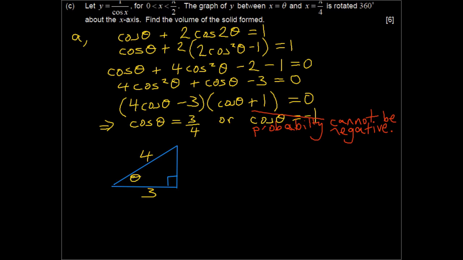Now because this is a right angle triangle, this side would be 4 squared take away 3 squared. 4 squared is 16, 3 squared is 9, so 16 take away 9 is 7. So this side would be the square root of 7. From that I can work out that tan theta is equal to the opposite over the adjacent, so root 7 over 3.